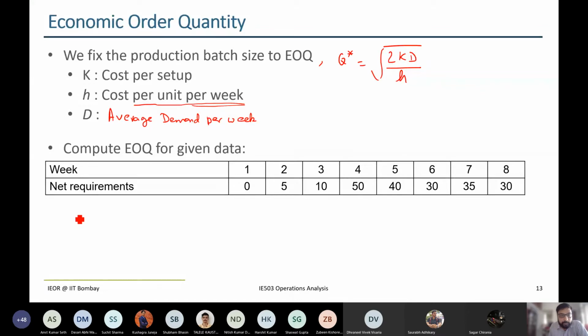So based on net requirement, let us compute our D, or rather D bar. Is that the average of 5 plus 10, 50, 40, 30, 35, and 30, which comes out to be 32.5 units? Is your weekly demand.